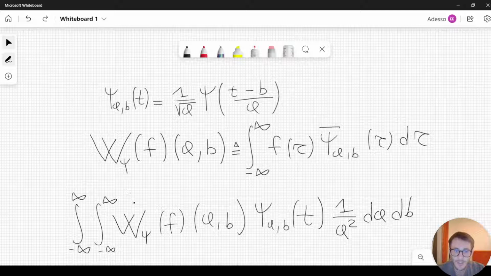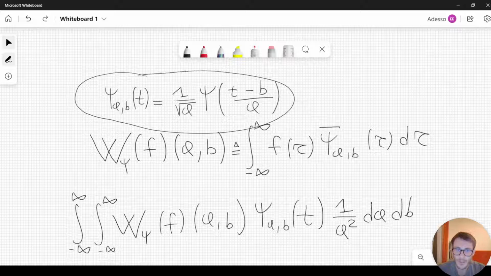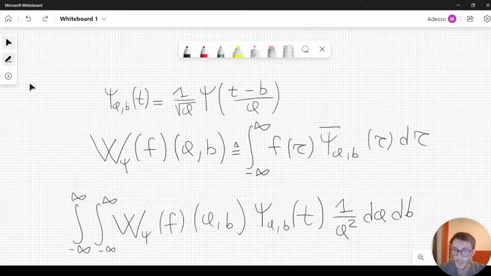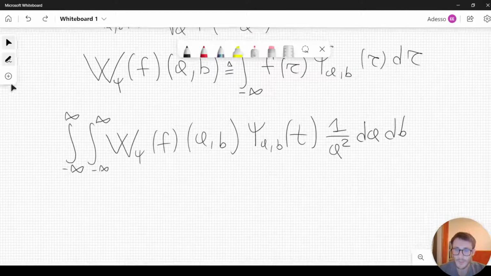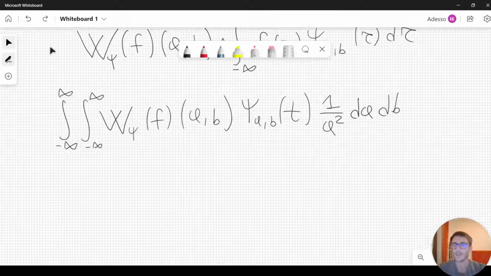Now let me substitute this expression here for W psi, and I'm also going to use this formula here and here, and of course, in that case, I have to take the complex conjugate. So let me do that. This double integral will become a triple integral because I'm substituting another integration which is performed over tau.